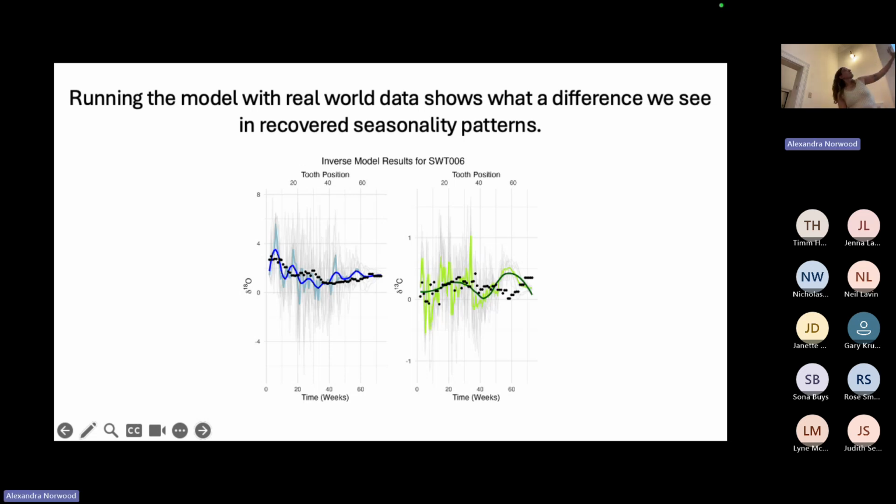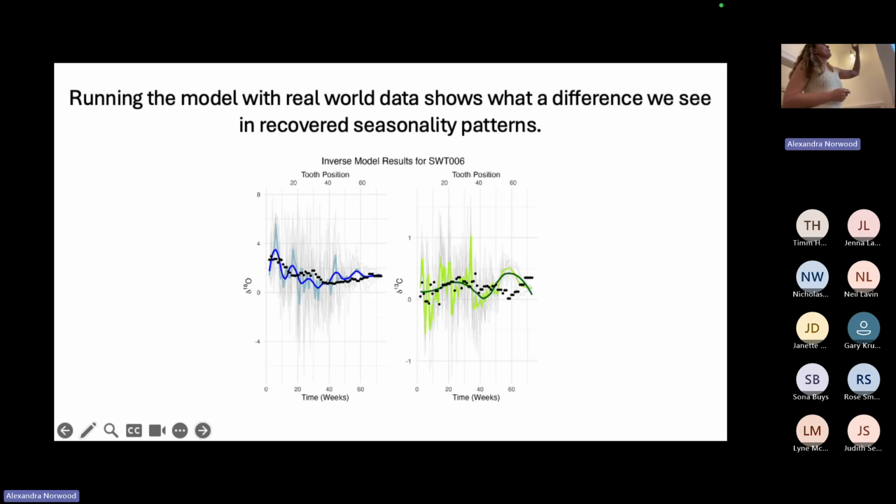These are a couple graphs of a zebra from Kenya that I sampled, and you can see those black points are the original values that I measured, just plotted on where on the tooth we got them from, top x-axis. And you can see that it's hard to pick up a fluctuation there that actually means something in that original data.